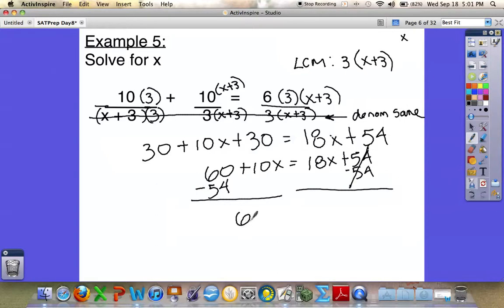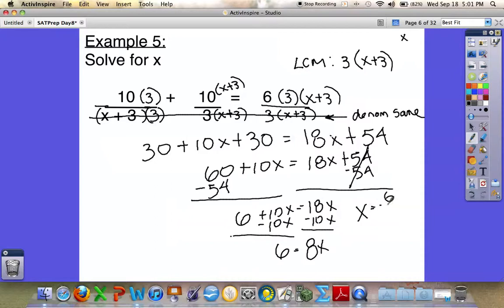And I get 6 plus 10x equals 18x. Now I take 10x off of both sides. And it looks like 6 equals 8x. And so x equals 6 over 8, or 3/4. And you can plug that back in and prove that that works.